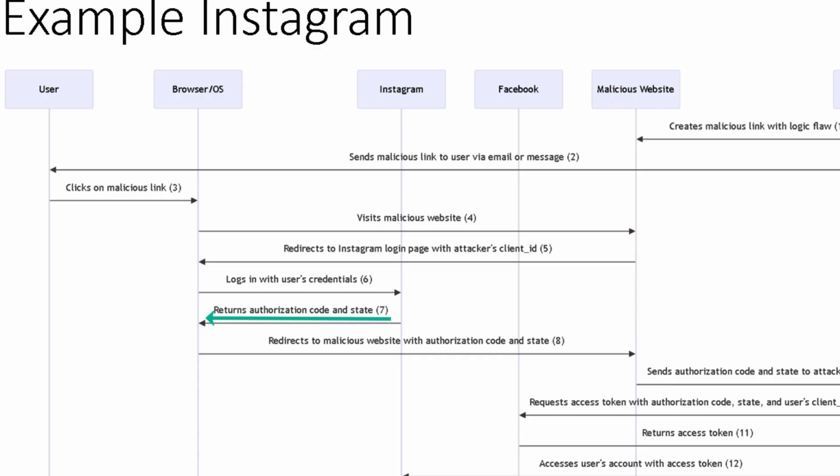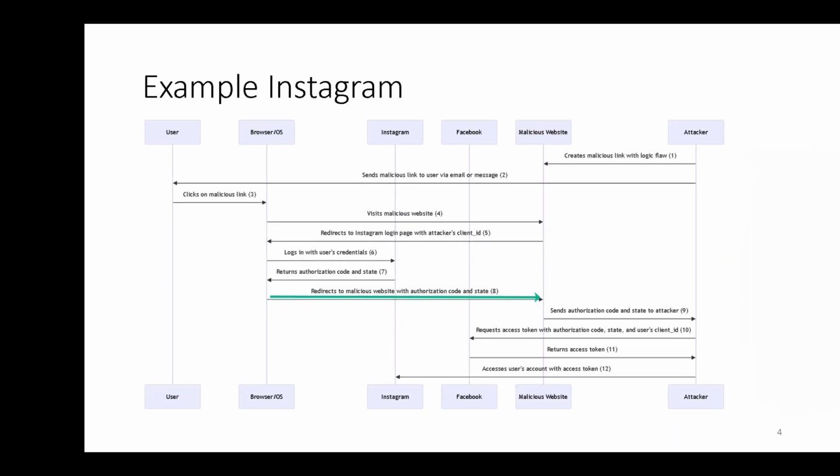The redirection includes the attacker's client ID instead of the user's client ID, which is a violation of the OAuth 2.0 specification. The user's browser or operating system logs in with the user's credentials, either automatically or manually, and grants permissions to the attacker's application.